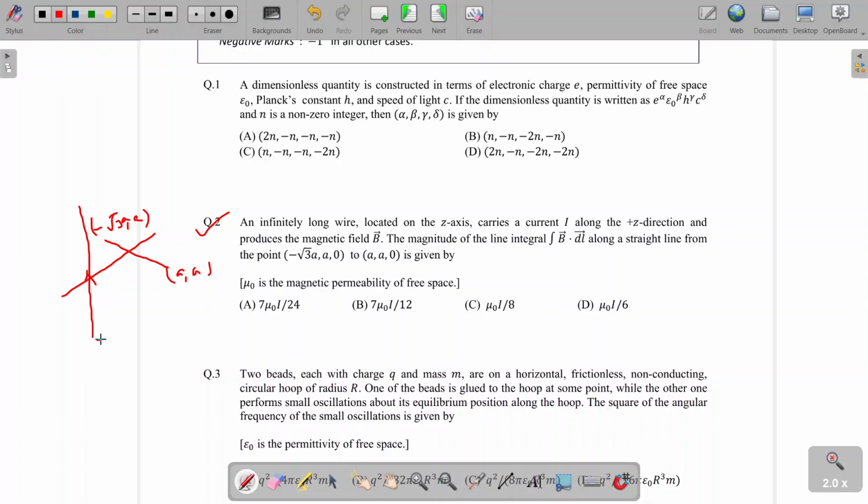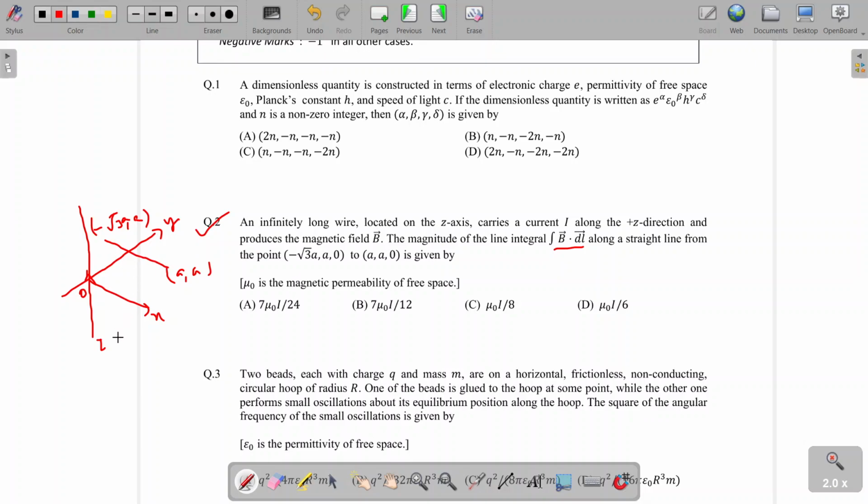The wire is vertical as shown, along the z-axis, this is the x-axis and this is the y-axis. Then what is the integral of B dot dl along this particular line?